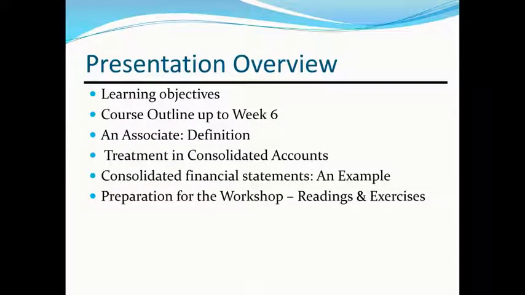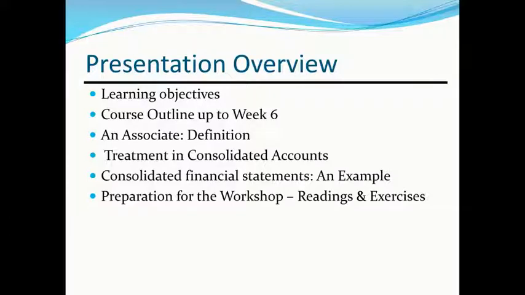So the presentation that we have today includes learning objectives, which means the main learning outcomes that we need to achieve by the end of today's lecture, and then outlining the course from week 1 up to week 6. And then we'll start to introduce the associate, starting with the definition, and then we'll move to the accounting treatment in consolidated accounts.